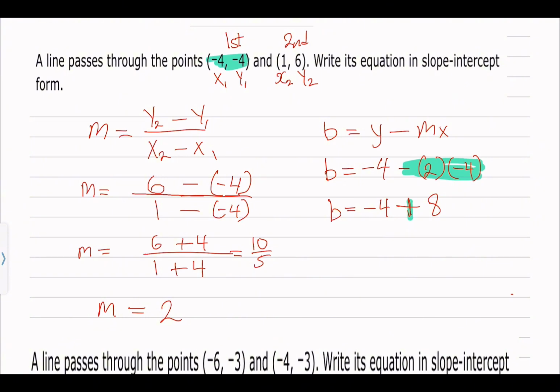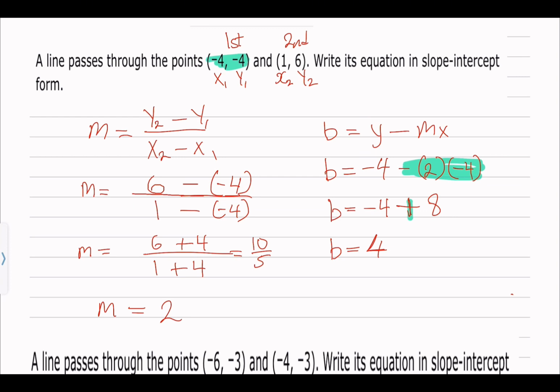So what is negative 4 plus 8? When you add or subtract, same signs, add; different signs, subtract.